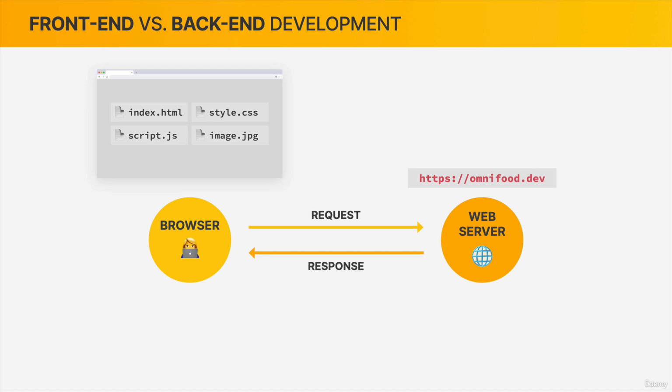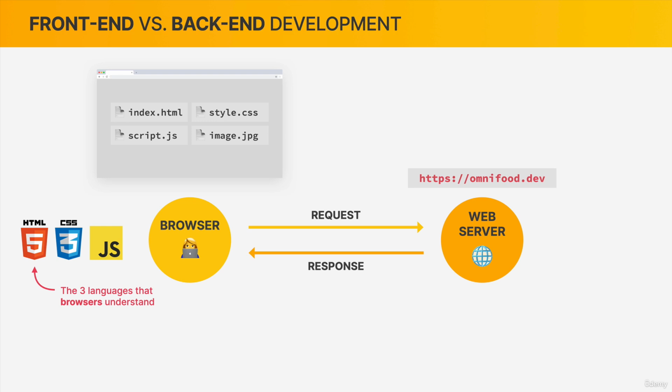Now, as you can see from these file extensions, we have some HTML, CSS, and also JavaScript code here. And these are precisely the three languages that browsers can understand. So what this means is that all of the code that makes up a website needs to always be written in HTML, CSS, and JavaScript.